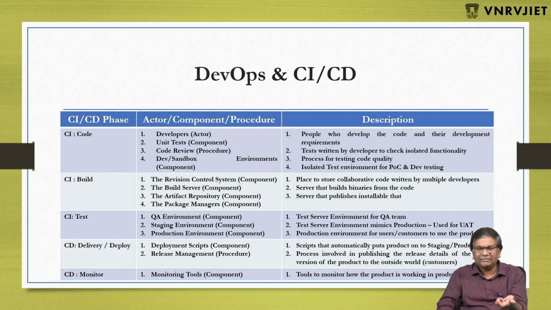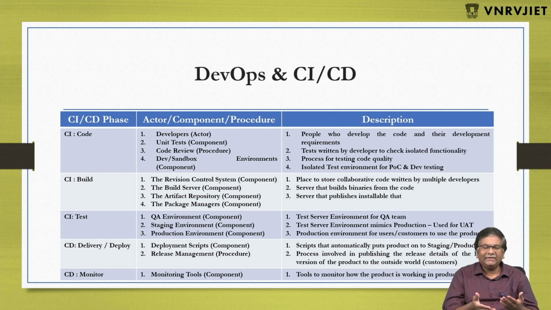Dev is nothing but the developer machine. The sandbox I'll talk about later. Developers are the people who develop the code. Unit tests are tests written by developers to check isolated functionality. Code review is the process for testing the code quality. Dev sandbox means isolated test environments for POC and dev testing.